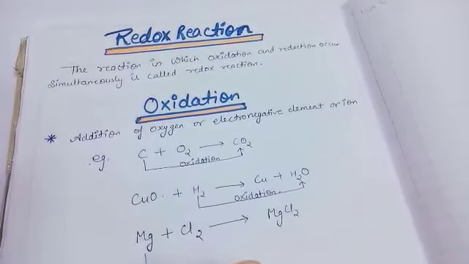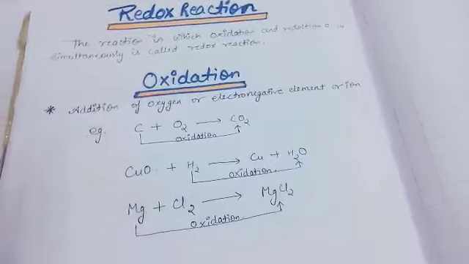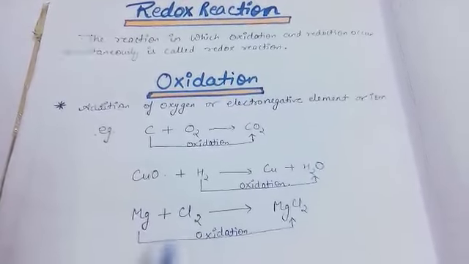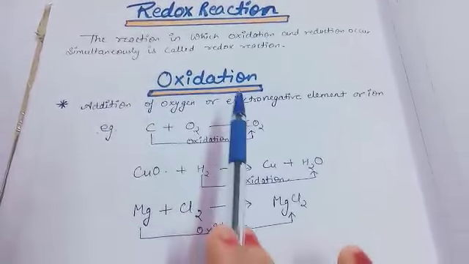Previously it's magnesium, now there is addition of an electronegative element, so that one is again oxidation. So all these are examples. This is one type of definition regarding oxidation: either addition of oxygen or an electronegative element is oxidation.